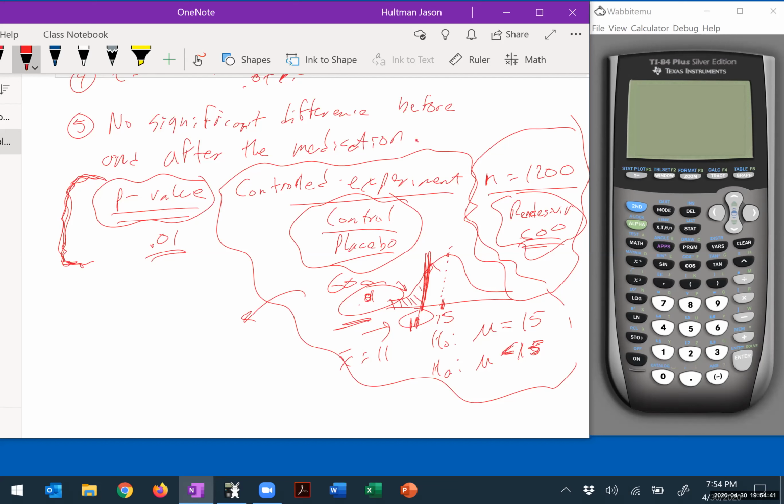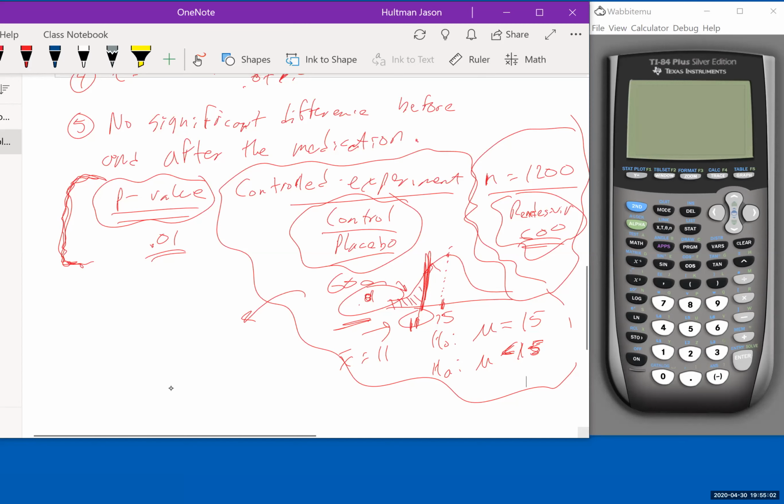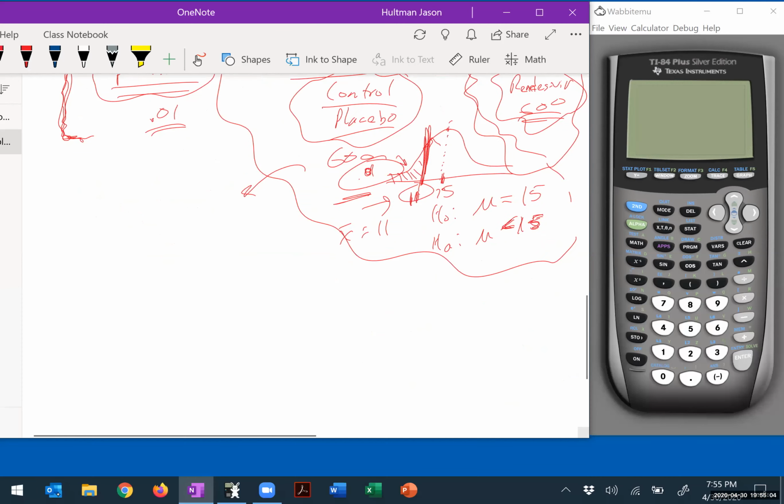Here you have this liaison to the president for the CDC. I think he's the CDC liaison. I don't know what his title is, but he's touting exactly what we're doing in this class. He's speaking the language of statistics. I thought that was kind of cool myself. Hopefully you think that's kind of cool, because you're like, oh yeah, I just learned this in my stats class, and here he's talking about the same thing.